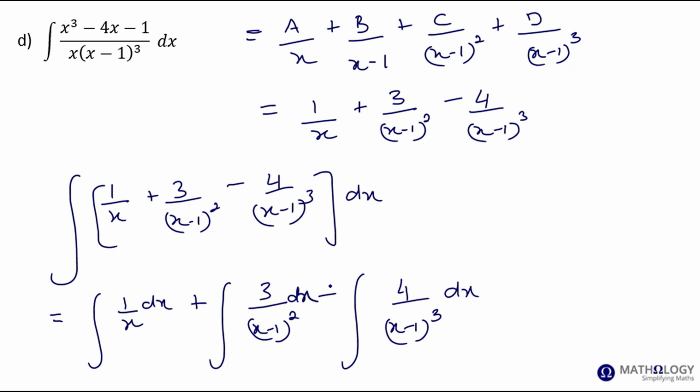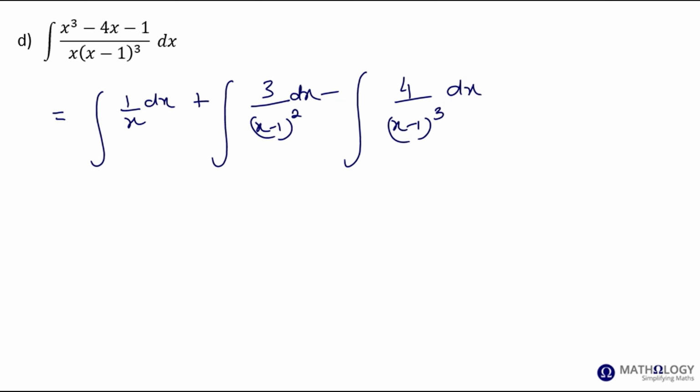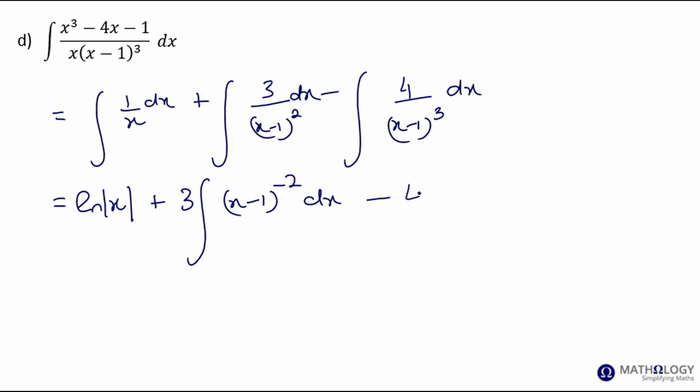I should bring a dx as well. Okay, so that equals ln x plus, we'll take the 3 out, of the integral of x minus 1 to the minus 2 dx, minus 4 times the integral of x minus 1 to the minus 3 dx.